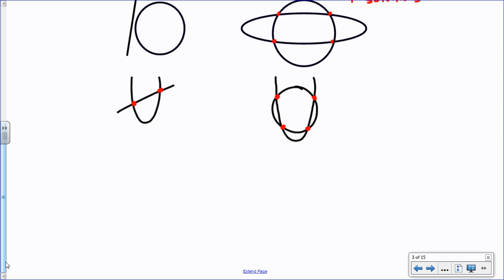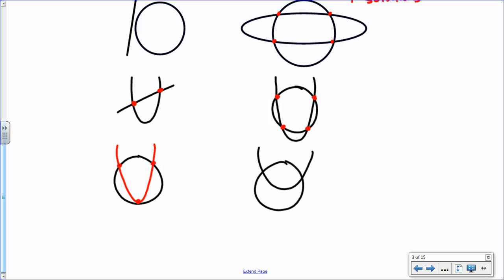You could have a circle and a parabola with three solutions. You could have a circle and a parabola with two solutions, and a circle with a parabola with just one solution.